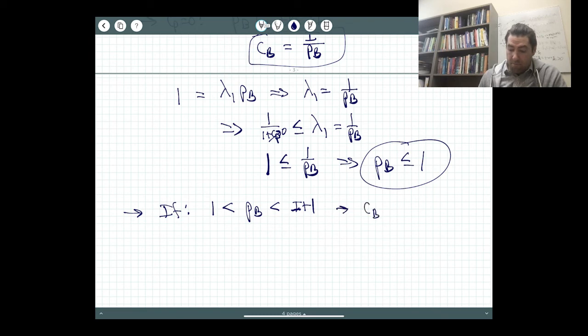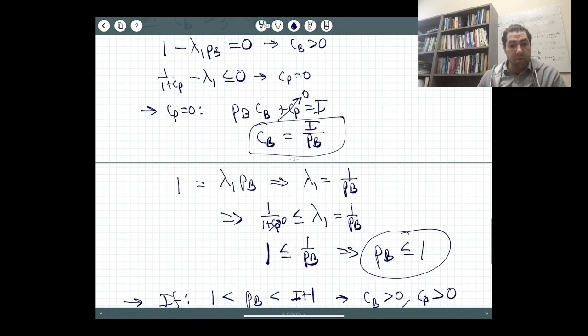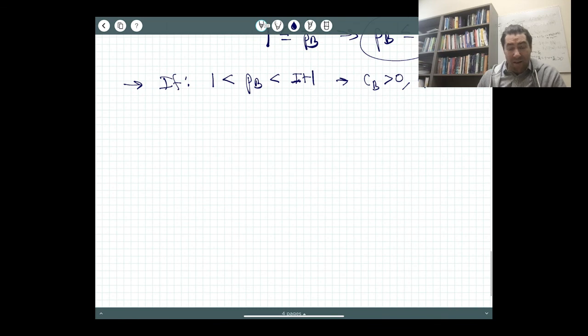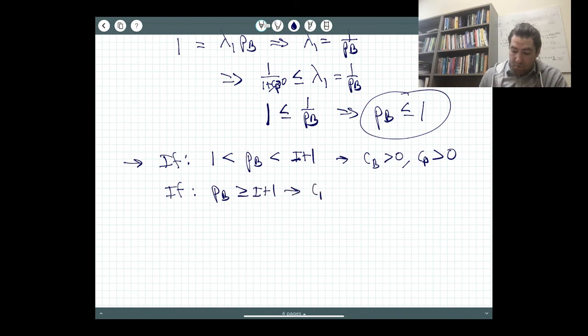Then both of these are positive, and we know exactly what the solutions are for consumption. And then if either one of those goes the other way, one of those consumptions is going to be set to 0. So if the price of beer gets too expensive, if this other one is violated, so PB becomes greater than or equal to I plus 1, well, too expensive, no beer, I'm going to spend all of my income on pizza.